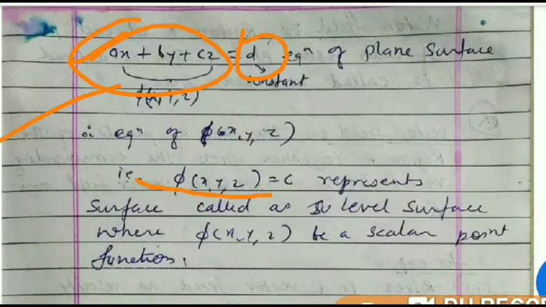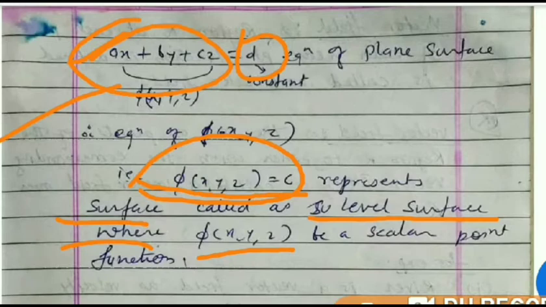That means phi of xyz equals c represents a surface, called a level surface, where phi of xyz is a scalar point function. If we write only phi of xyz, phi is a scalar point function, but if we write phi of xyz equals c, this is the equation of a surface or level surface.